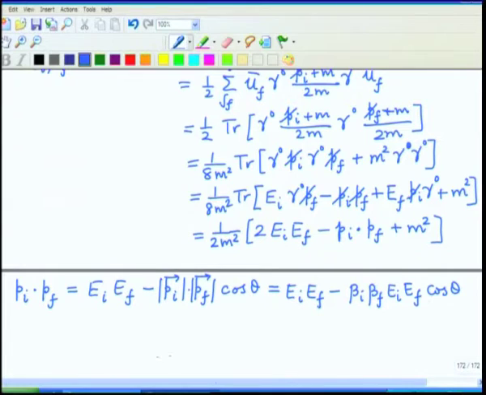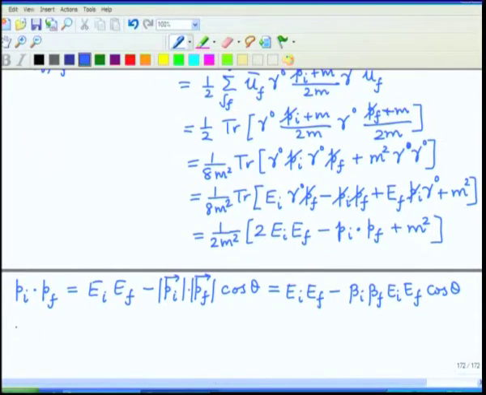So, first of all, the cosine theta part can still be written in terms of sine square theta by 2, and the various terms of E_i and E_f can be cancelled. So, let me work that out too.